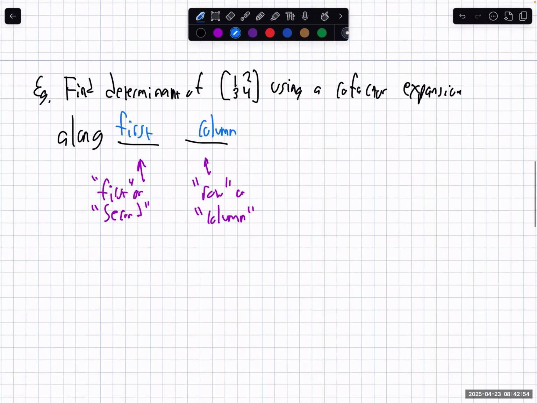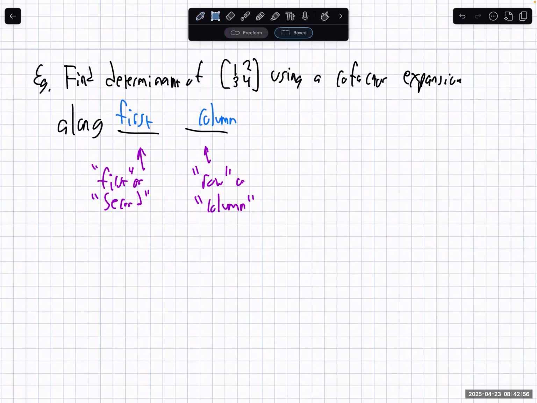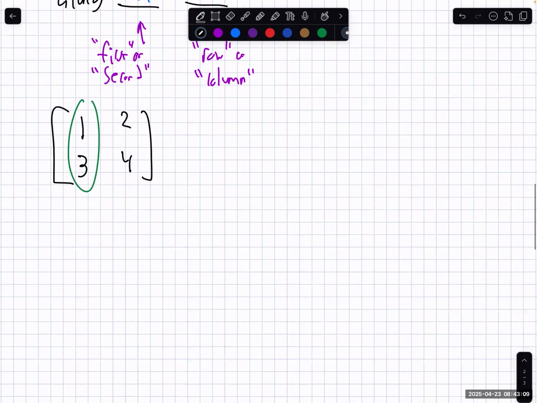Sounds good. And we'll do another one. I just want to show you it always ends up being the same thing. So here's our matrix. You said first column, so that's what I'm going to look at. Let me move this down here a little bit.